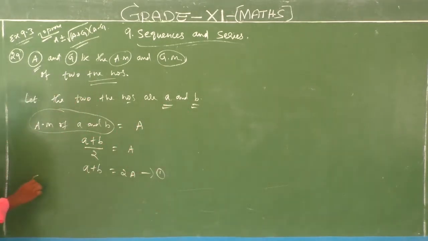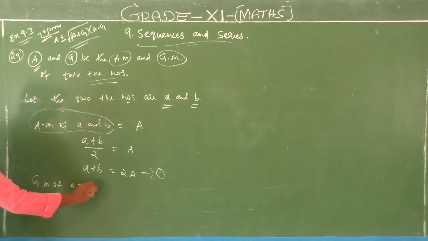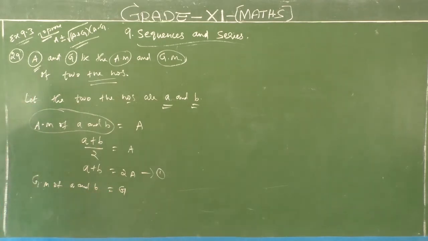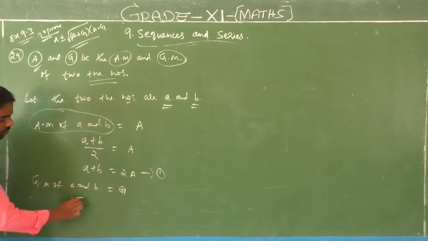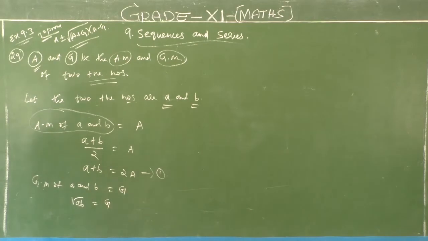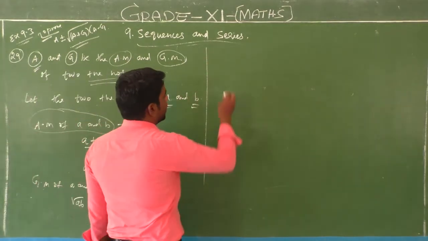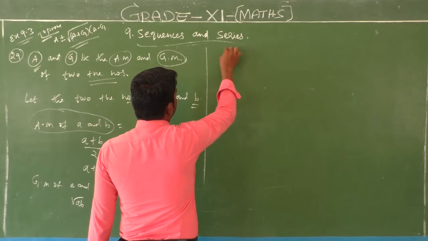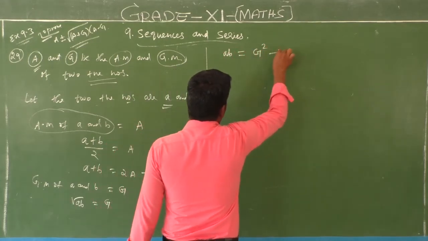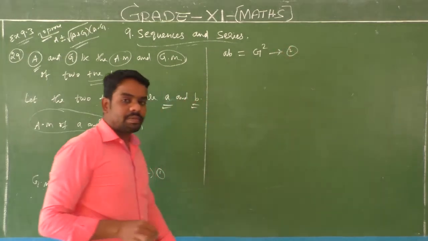The geometric mean of a and b is root of ab, which is equal to G. Squaring both sides, ab is equal to G square. This is equation number 2.